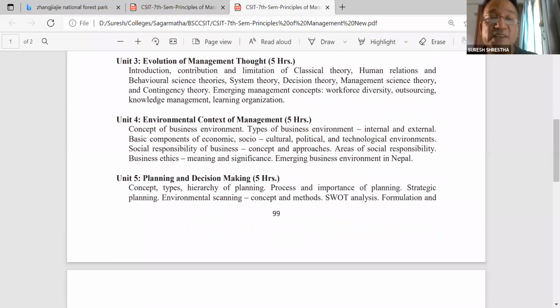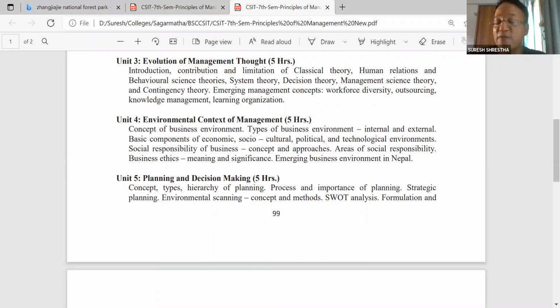And the third unit is about the evolution of management. There are different theorists and different scientists who have come up with different principles and approaches of managing. They came up with different theories.